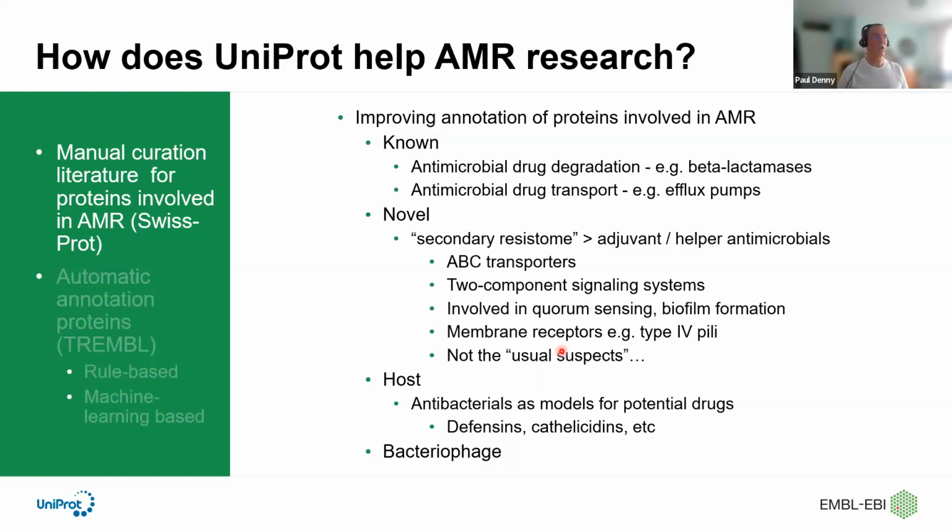Well, I've got a list here of the different classes of proteins which we've considered as targets. So at the top here, the most obvious ones perhaps are proteins involved in either drug degradation or transport. So one category of this is the beta-lactamases, and then also efflux pumps.